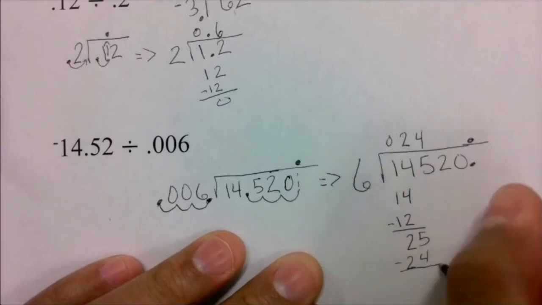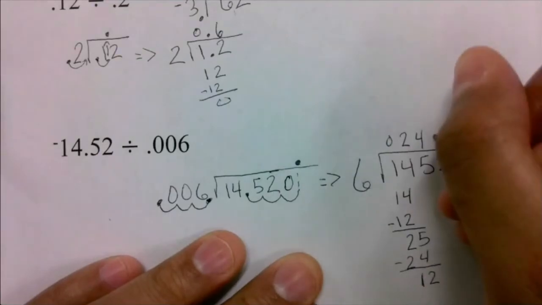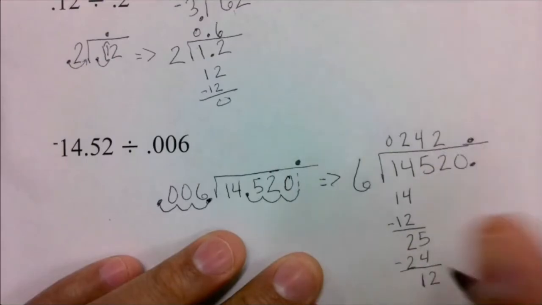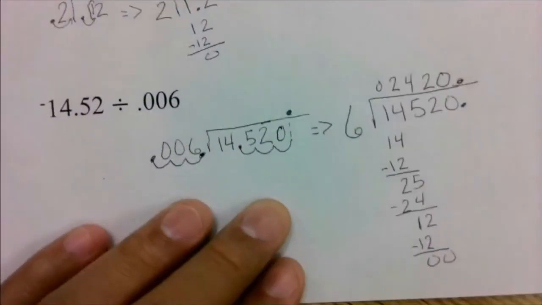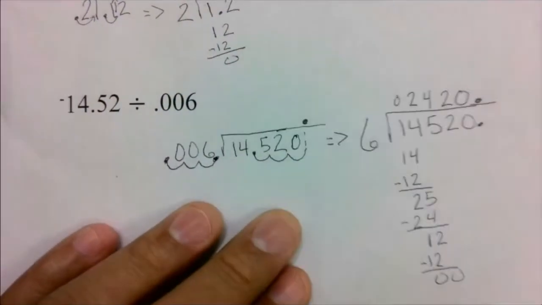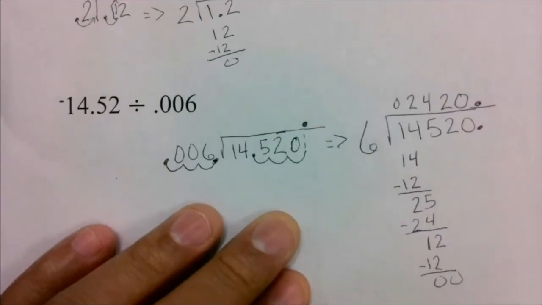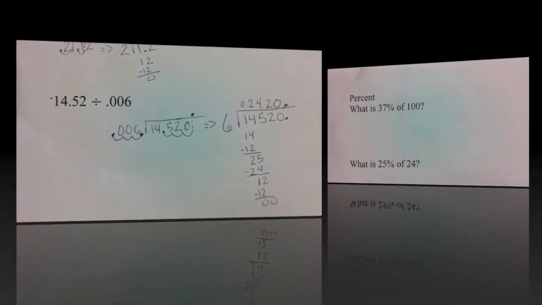Bring that 1, 2. 6 can go into 12 2 times. Then we have a 0 here. We'll just place a 0 here. All right. So my answer for this would be 2,420. And there'll be some problems for you that you're able to work on as well.